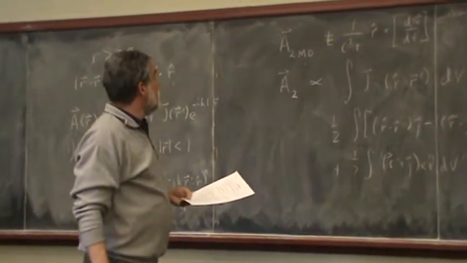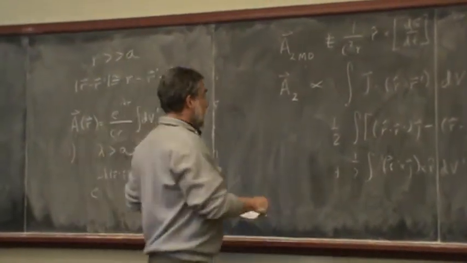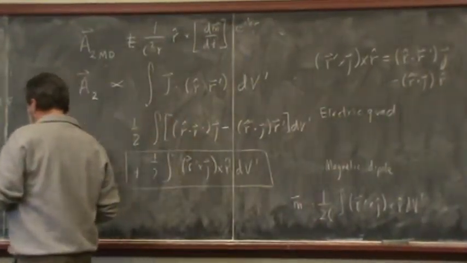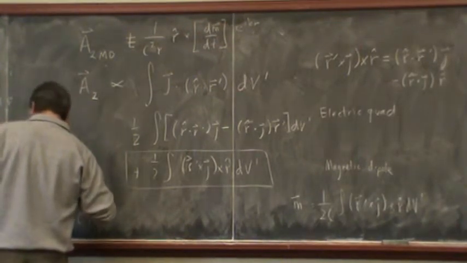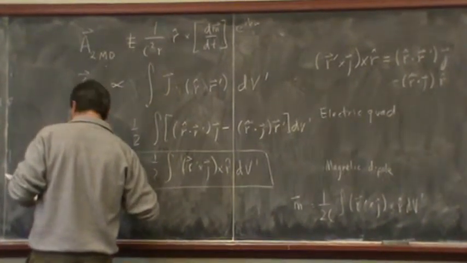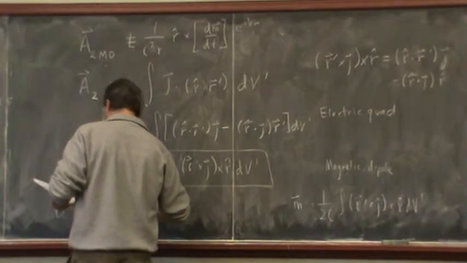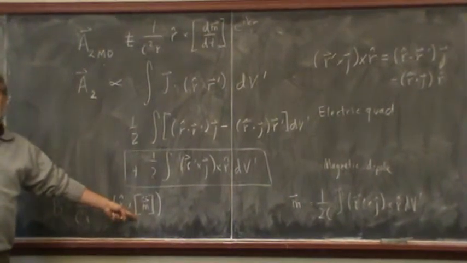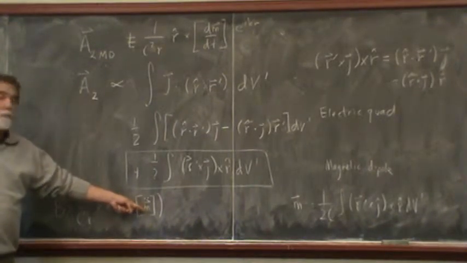From which then the magnetic field for that magnetic dipole term, this one here, just looks like this. B is 1 over c squared, I think I got that right, r hat cross r hat cross the acceleration, the second derivative of the magnetic dipole moment with respect to time.